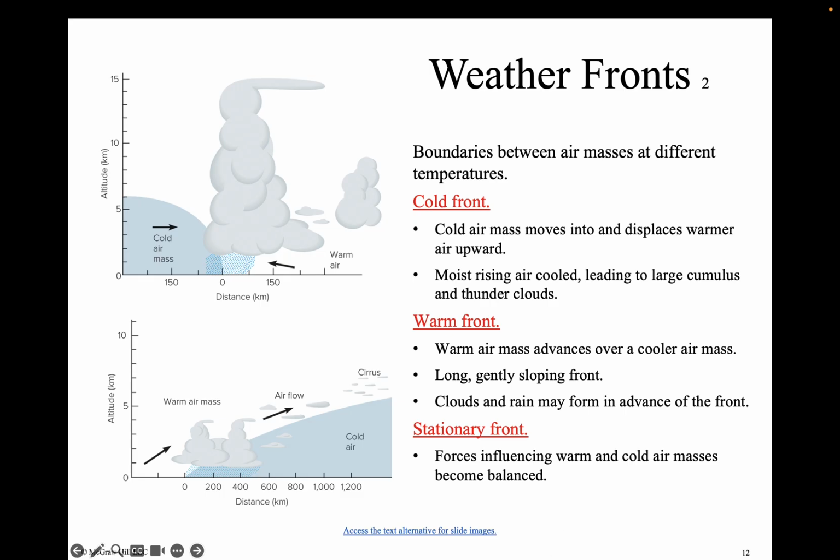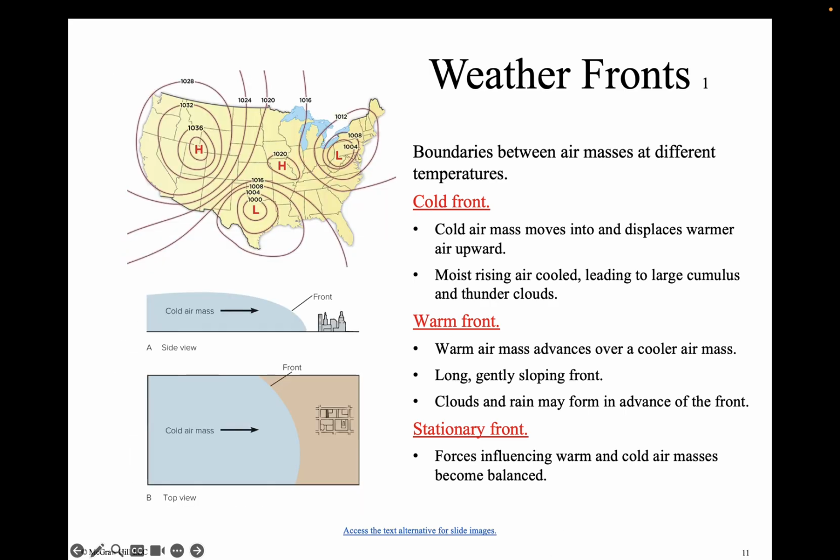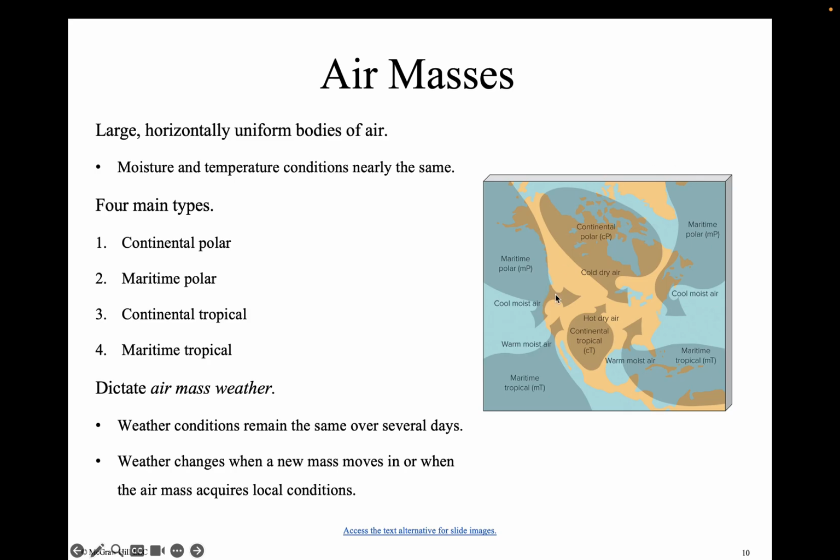I do want to go back to this to give you a more solid example, and combine this understanding with the seasons. Imagine for instance this continental polar mass, which is a cold and dry air mass coming from Canada and moving south.